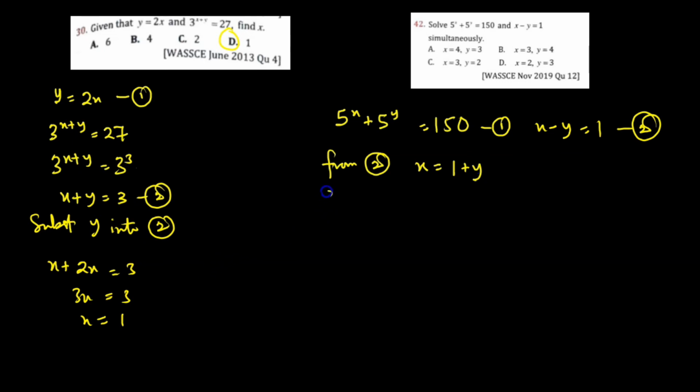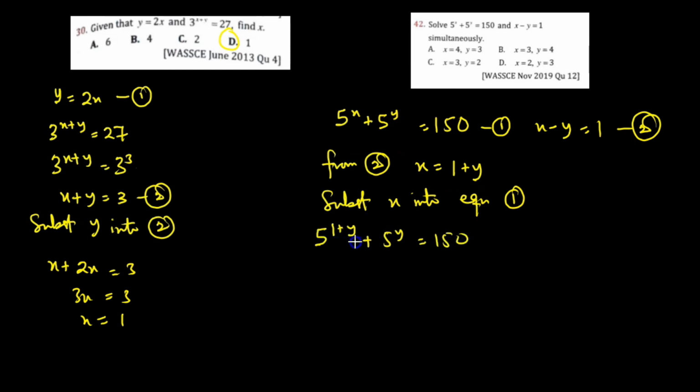So substitute x into equation number 1. Wherever we see x in equation 1, we substitute the expression 1 plus y there. So we have 5 to the power 1 plus y plus 5 to the power y equal to 150.